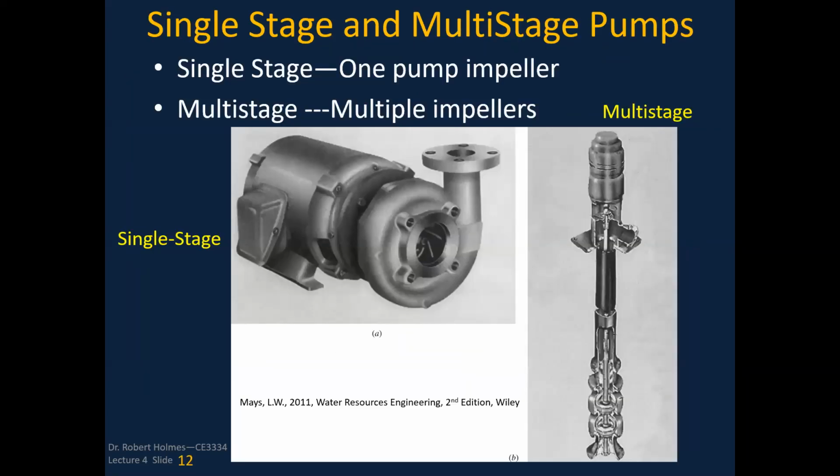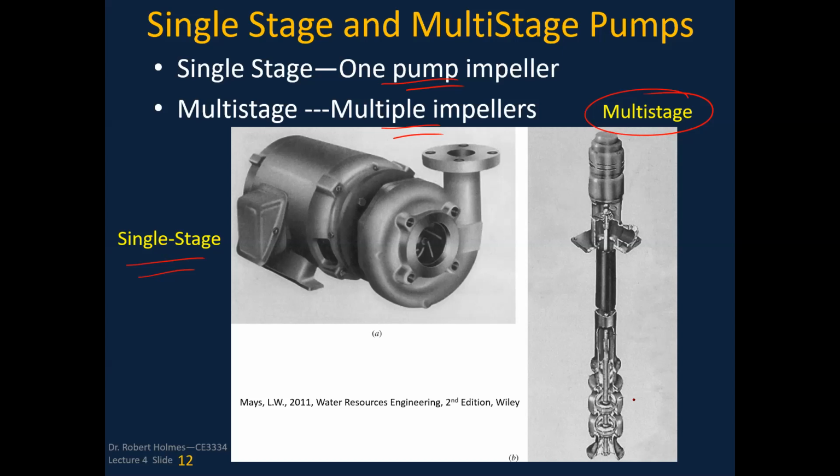If we think about pumps, we know we've got things called single stage and multi-stage. A single stage has one pump impeller, where a multi-stage has multiple pump impellers. And when you have these multi-stage pumps, what they're there for is to add additional head to the system.